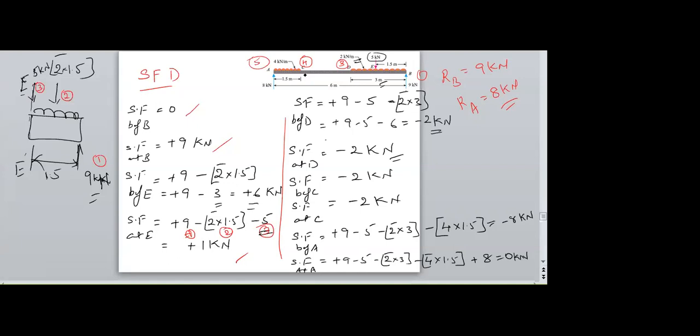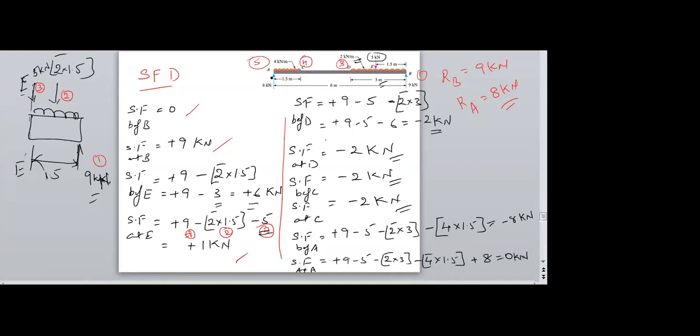Next point is C. Therefore the shear force before C, there is no load between D and C. Therefore the same value will exist, and at C also we will have the same value.